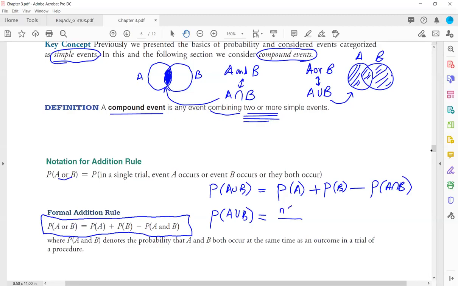So it is n of A, the total number of values in A, divided by n of S, plus n of B, the total number of values in set B, divided by n of S, minus the count of all the values in the intersection, divided by n of S. So that's the meaning of this formula.